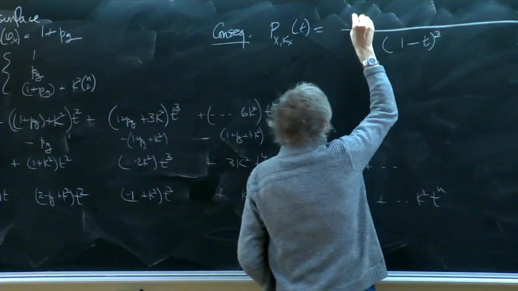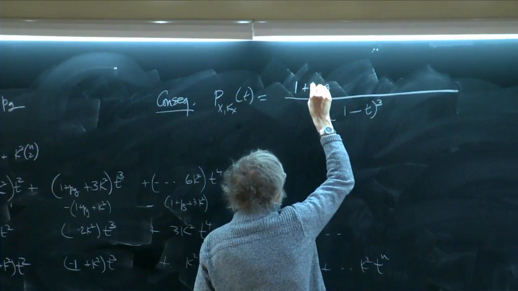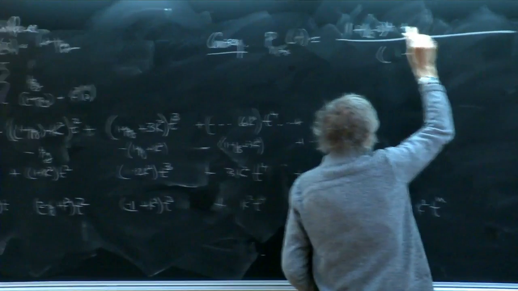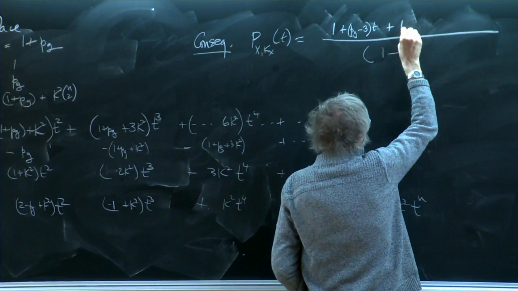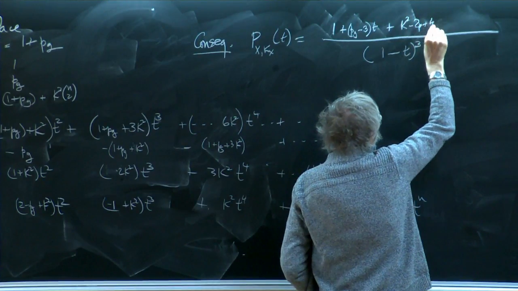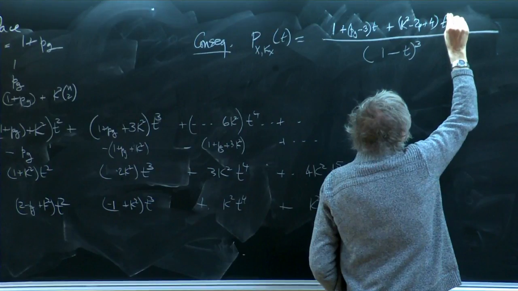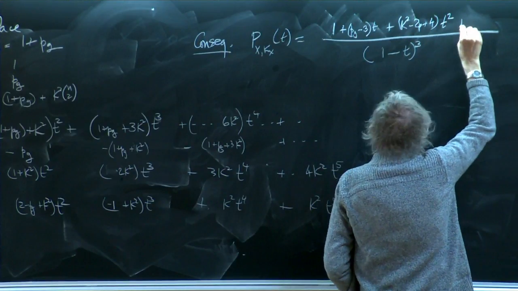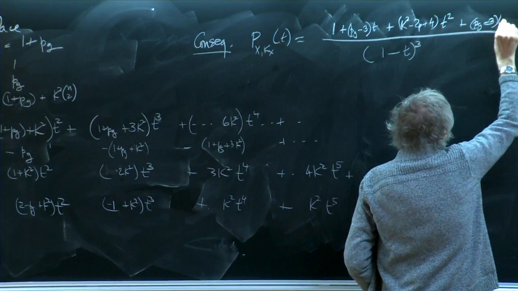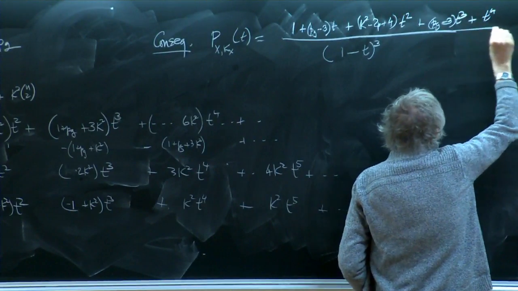And here I've got 1 plus pg minus 3t, plus some term here involving k squared, and then minus 2pg plus 4 t squared, plus pg minus 3 t cubed, plus t to the 4.